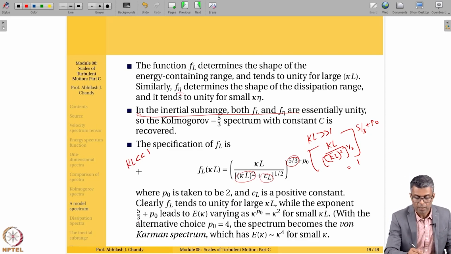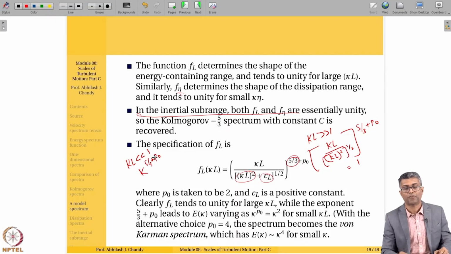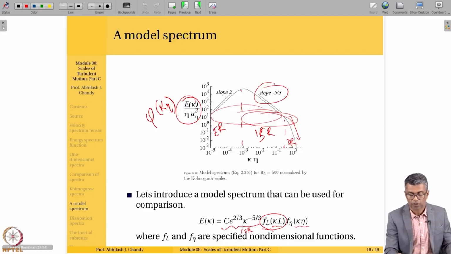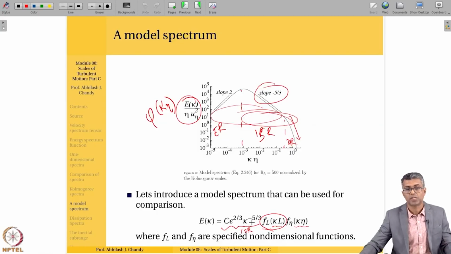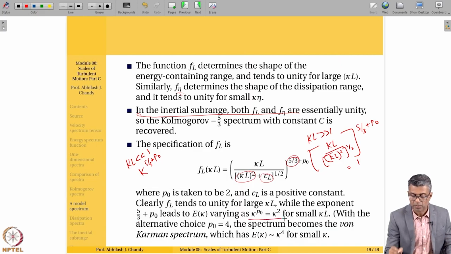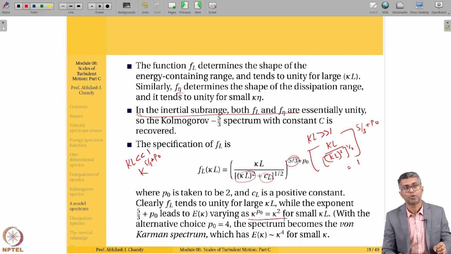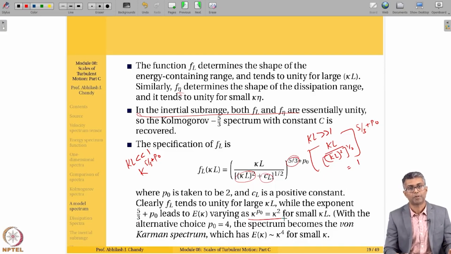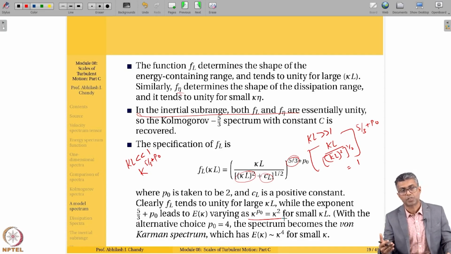So ignore that, but then you will have kappa to the 5/3 plus p0. And this kappa to the 5/3 and kappa to the minus 5/3 cancel out, so you essentially have only kappa to the p0. That is what we mean by this. If p0 is 2, it is kappa squared. If p0 is 4, it is kappa to the 4. So the spectrum becomes the von Karman spectrum, which has E of kappa approximately equal to kappa to the 4 for small kappa.